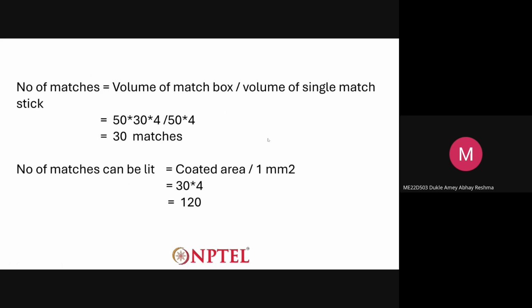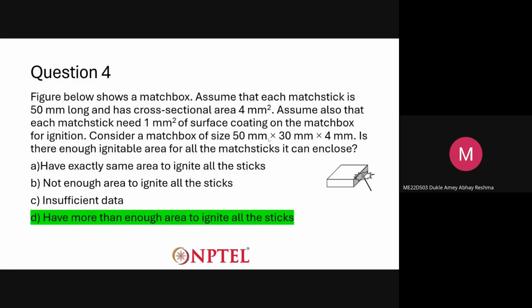So we can light approximately 120 matchsticks. From the answer, there is more than enough area to ignite all the matchsticks. From looking at the question first, you might think that it is difficult, but it is a very simple question per se. So does anyone have any questions?